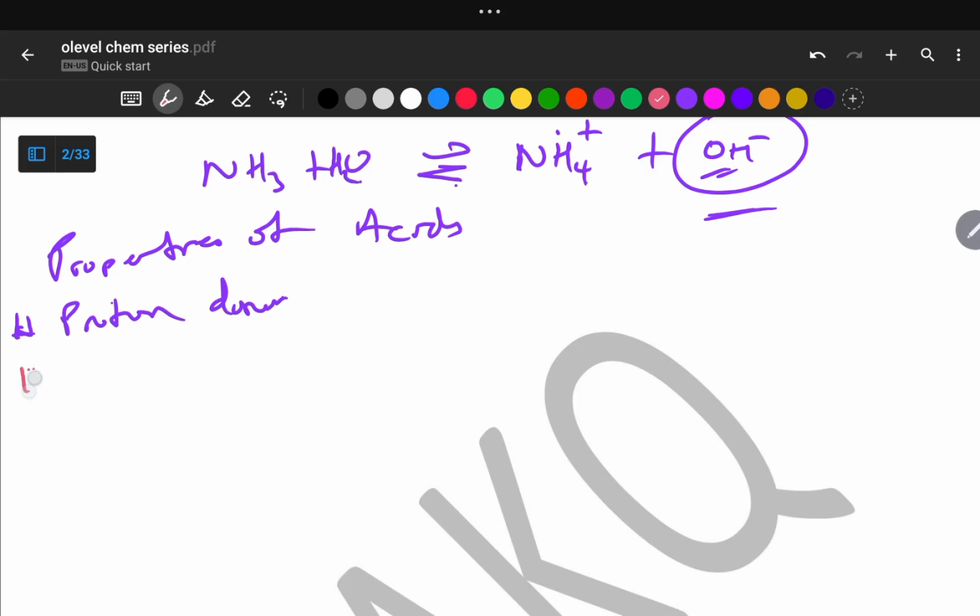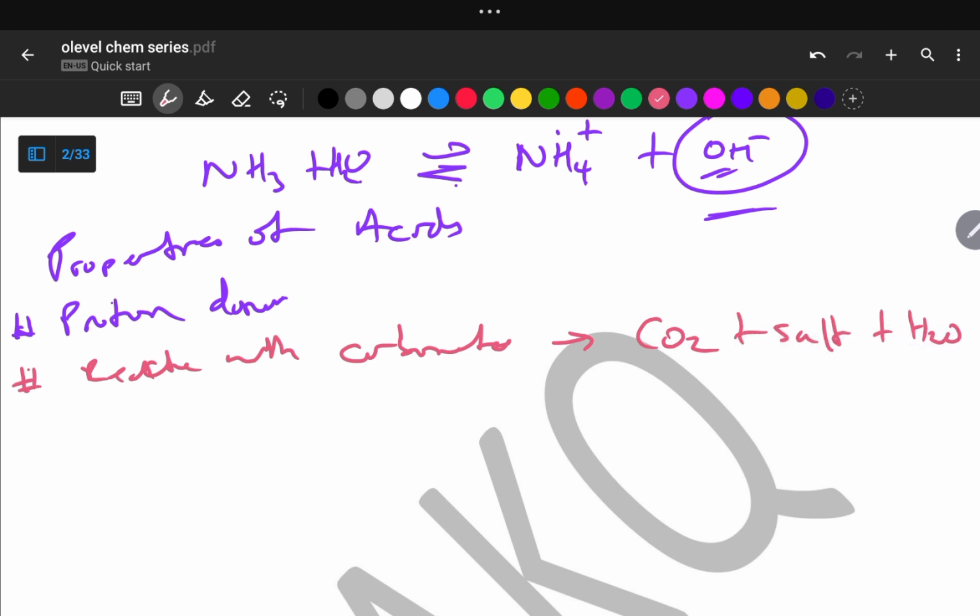And then the acids, they react with carbonates to give carbon dioxide, salt, plus water, right? So for example, we have limestone, which is calcium carbonate, reacting with hydrochloric acid.